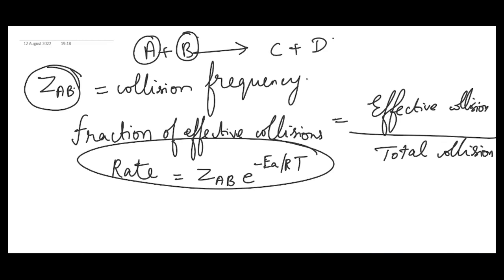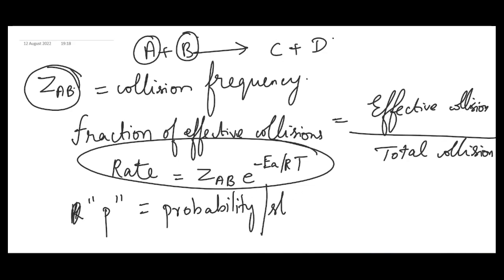We discuss the spatial arrangement of the atoms or molecules in space. So here we introduce one more term called P, which is nothing but the probability or steric factor.